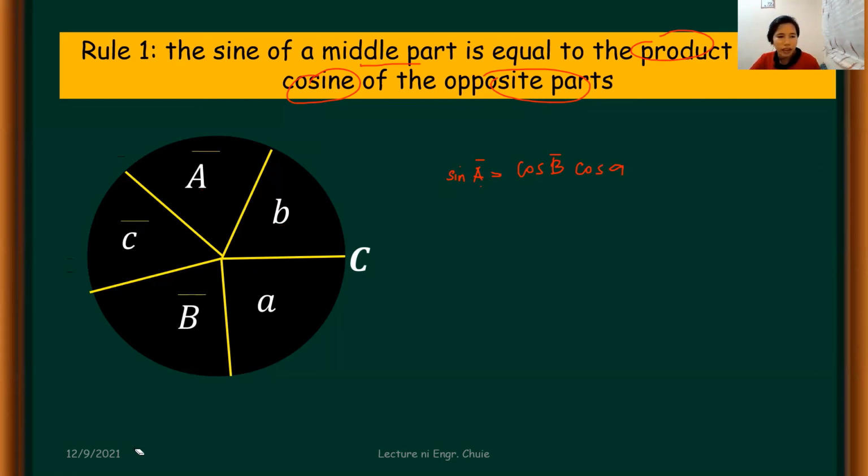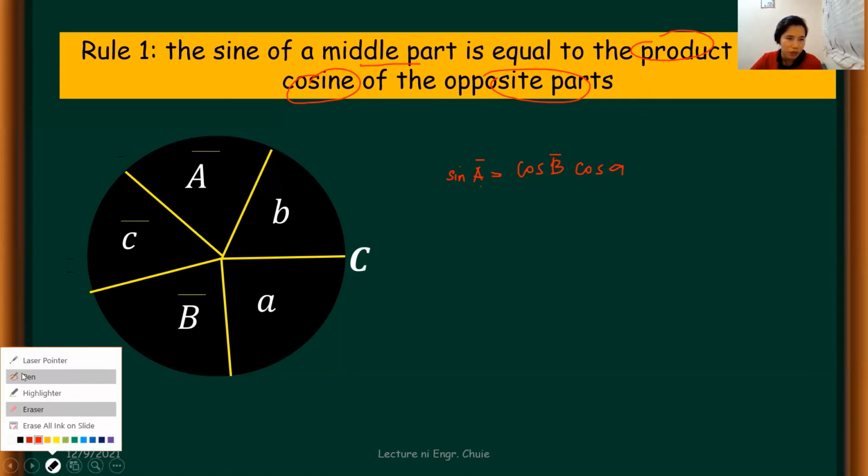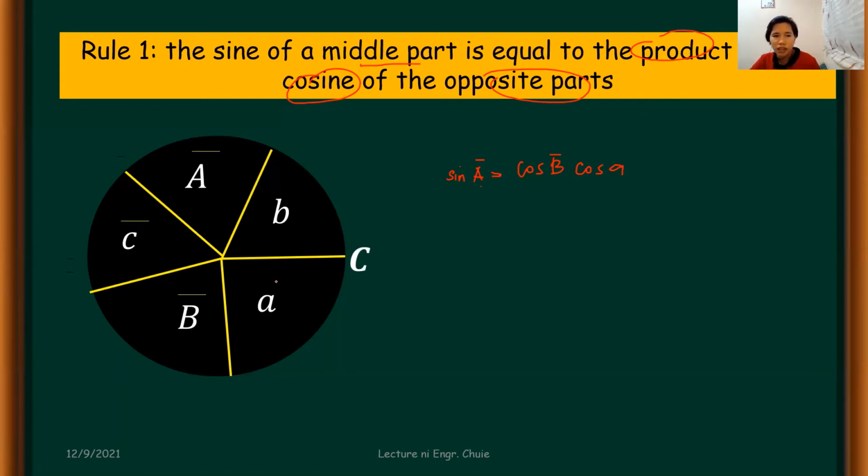Okay, so what if we need to determine it, but we don't have the value of A? So we don't have the value of A. If we follow rule 1, middle part, let's say sine of A is equal to, what is the opposite of A? The opposite of A is capital letter A and small letter a.